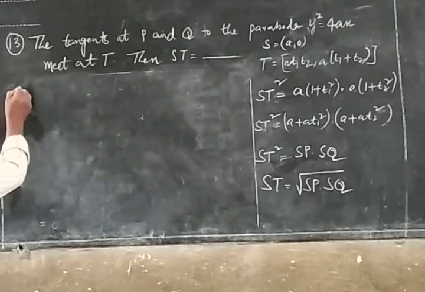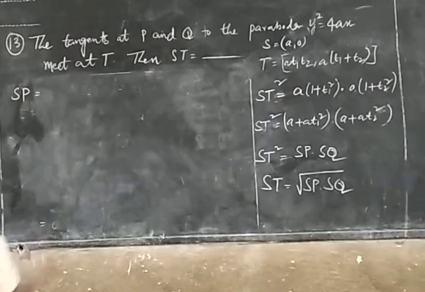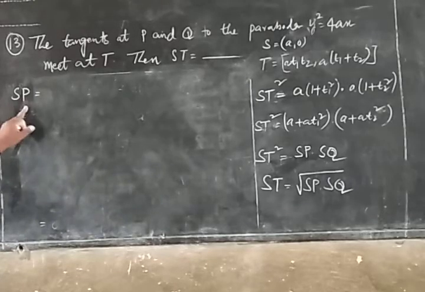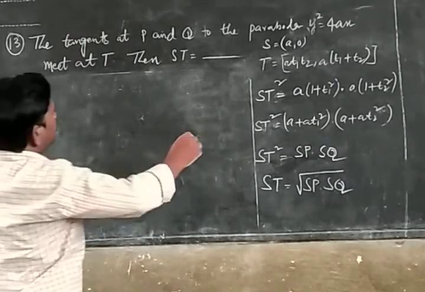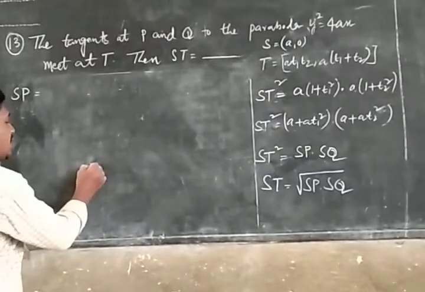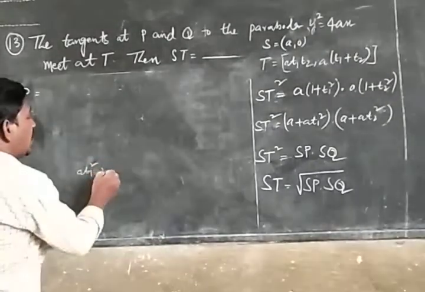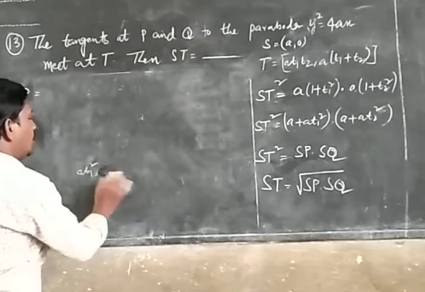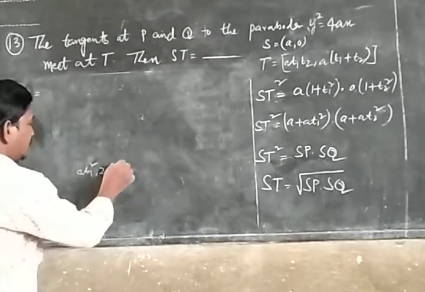SP means, we know that S means (a, 0), P means (a t1 square, 2a t1).